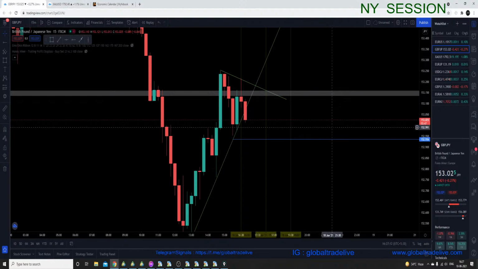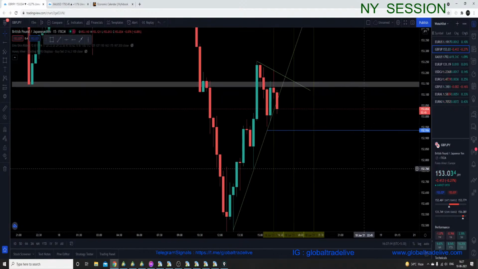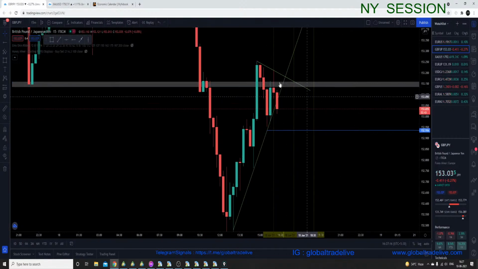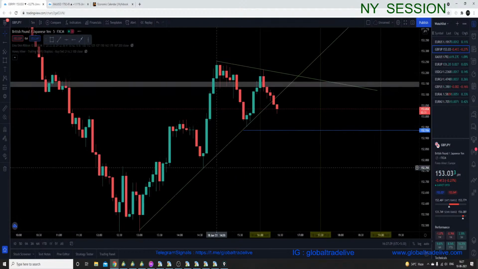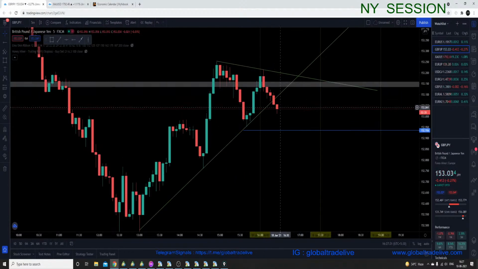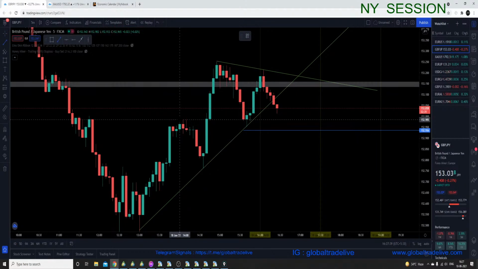The 15 minutes is doing a good thing over here, rejecting this area, about to close bearish. The next candle is about to start in 2 minutes. I think we can see some sort of retracement here, and there is some more information available now.